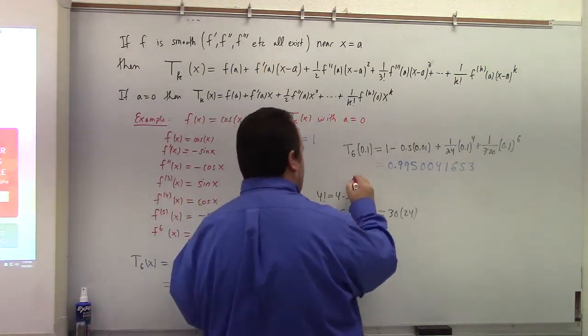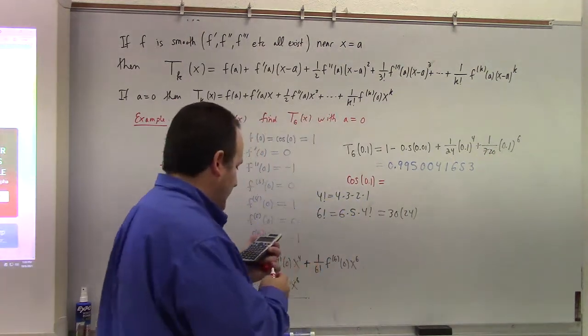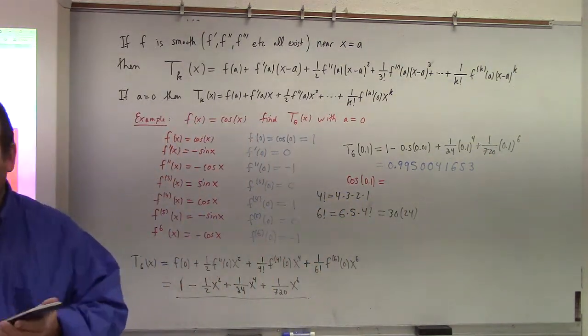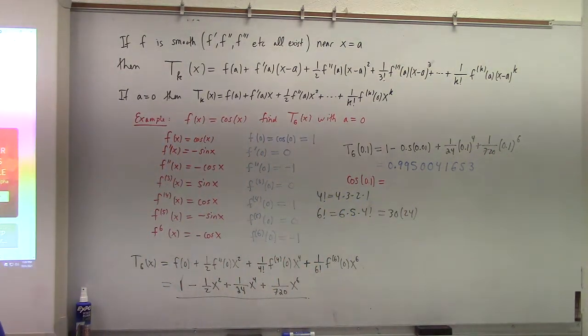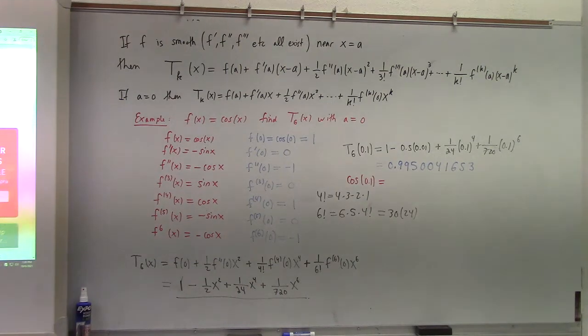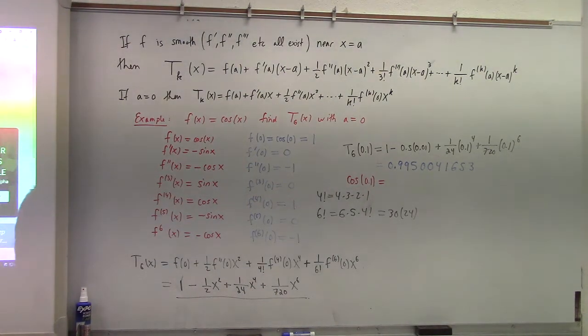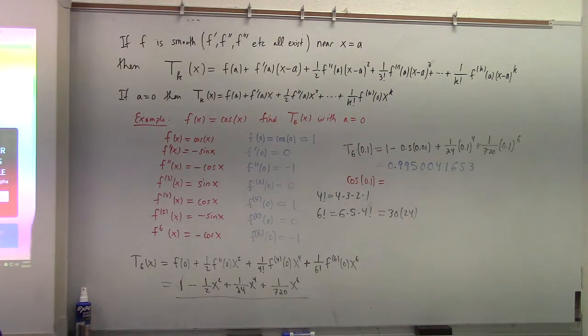And should we use cosine degrees or cosine radians here? Which would be appropriate? Which mode should I be in? Degrees or radians? What do you think? Radians. We always do calculus in radians, because in radians, sine's derivative is cosine. The degree function sine's derivative is not cosine.